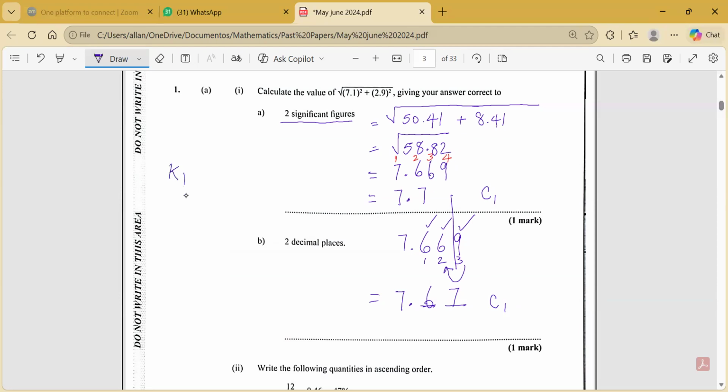There is a K1, knowledge, there's C1, comprehension, and R1, reasoning. Now the highest one is this. Most of the bright students get R1 and C1. So this is what you all want to get, C1 and R1. Obviously, CXC is going to give you by default this K1.